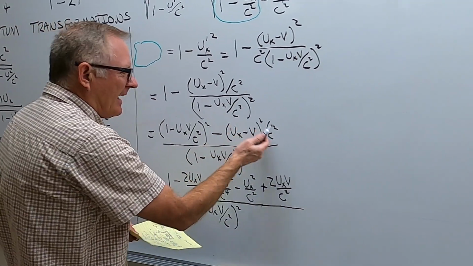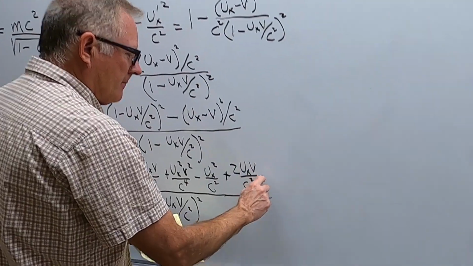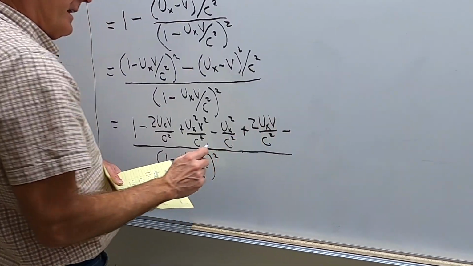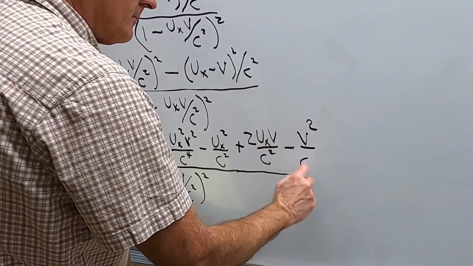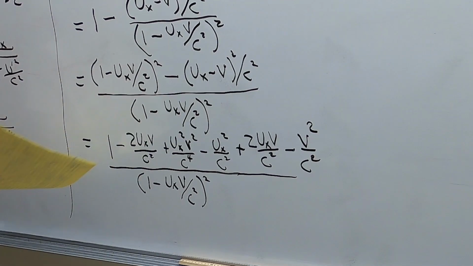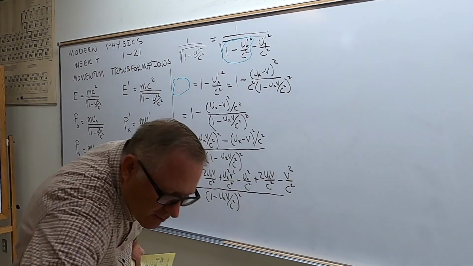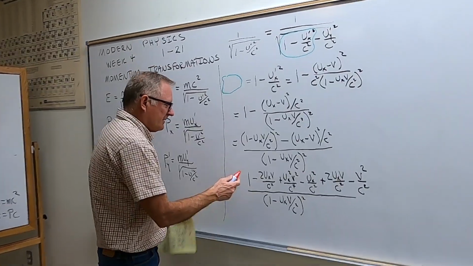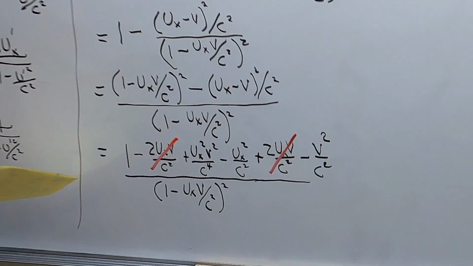And then we get the last term squared. That's a plus, but that makes it a minus v squared over c squared. Okay, now I can see that 2 of these terms will cancel. That term cancels with that term.